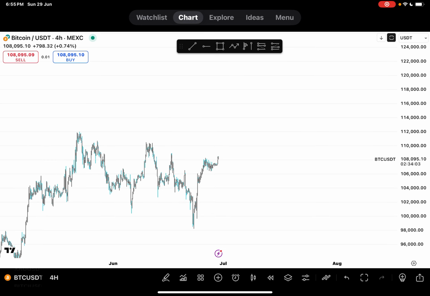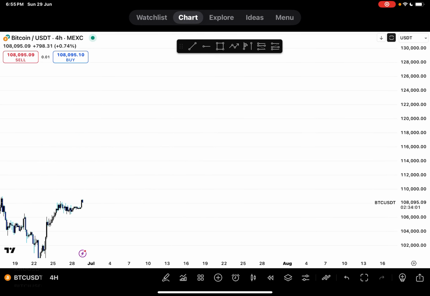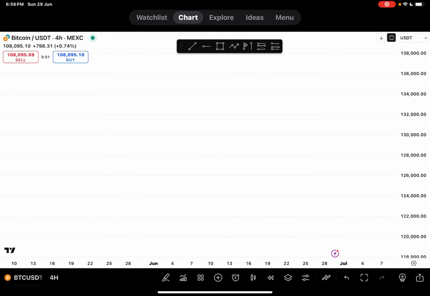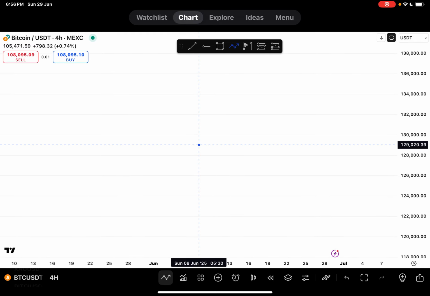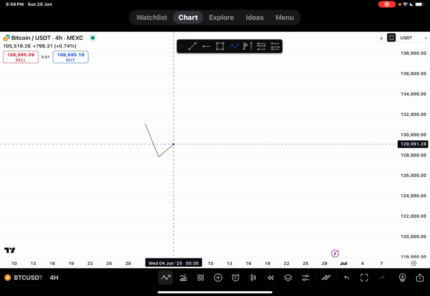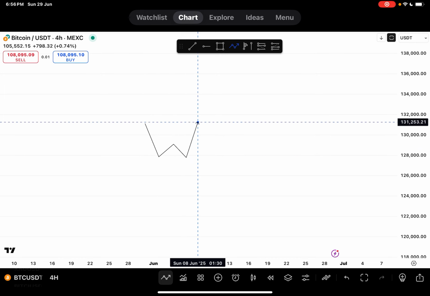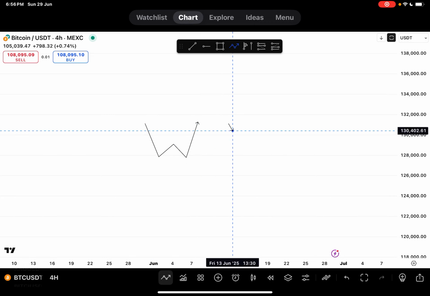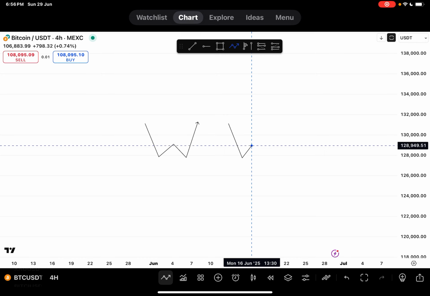Okay, so now let's get off the charts first. I'll get on to some drawings. Now let's see some patterns. Number one, let me first quickly draw it, right? Pattern number one, pattern number two, right?